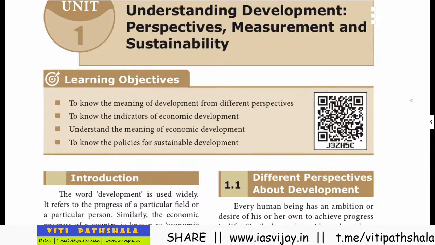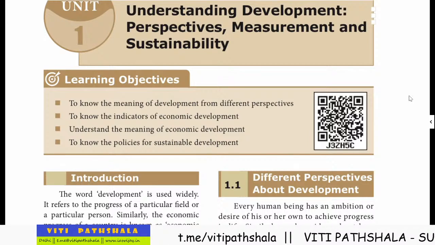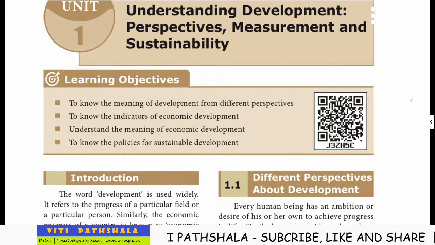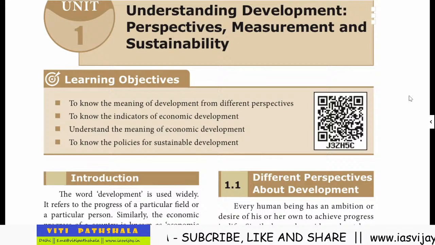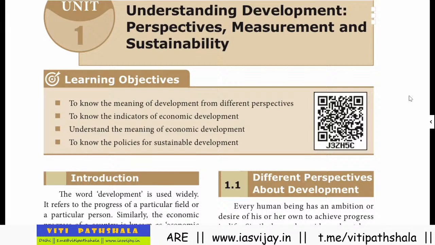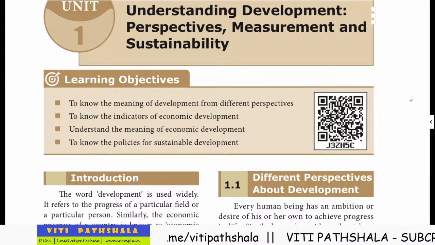And we will be starting the economics part. Ninth class economics we are going to start. In ninth class also, we would be studying first the unit number 1. So what would be our learning objective?